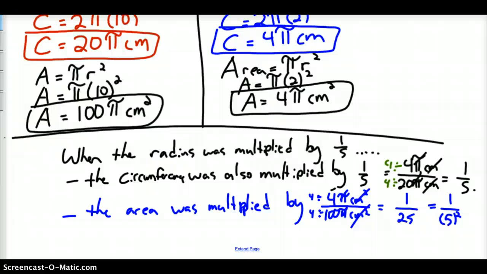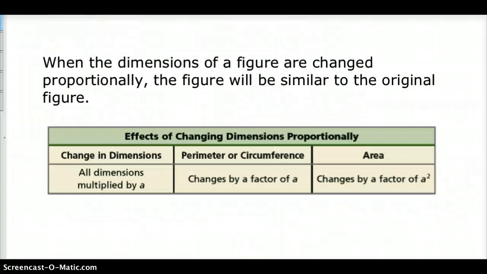The next couple slides summarize this really well. Let's take a quick look. This says when the dimensions of a figure are changed proportionally, the figure will be similar to the original figure. But look what happens here. This says the effects of changing dimensions proportionally. If the dimensions are multiplied by a, the perimeter changes by a factor of a as well.